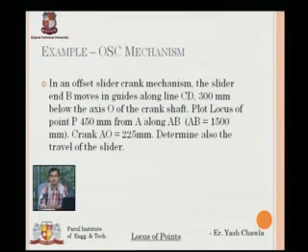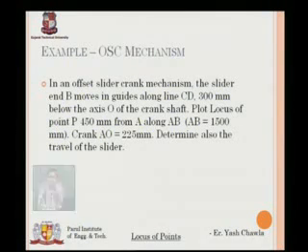Okay, now he has given me the specifics of the mechanism. Now what does he want me to do? Why has he given me this mechanism? This question wants me to plot the locus of point P, which is 450 mm from A along AB. Again, it is similar to the previous problem, and we are going to do the same procedure, with only one small difference.